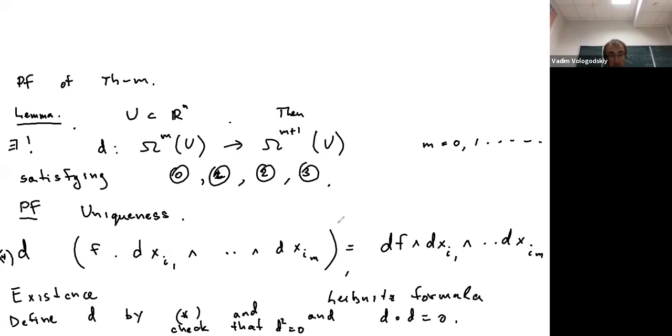That's the only thing that you have to check. So just use this formula. This is a basis. So at the end, any form can be written as a uniquely represented linear combination of forms of this type. So this formula gives a well-defined operator from omega m to omega m plus 1. The only thing that you have to check is that properties 1, 2, and 3 hold.